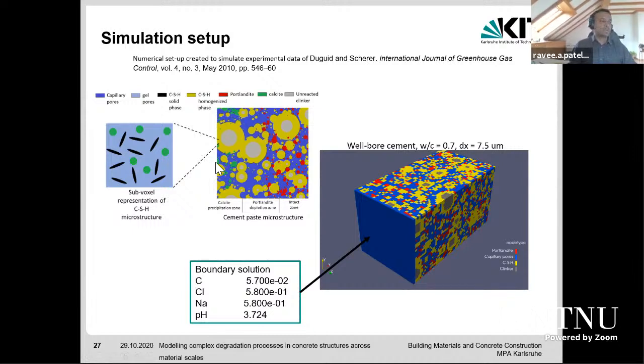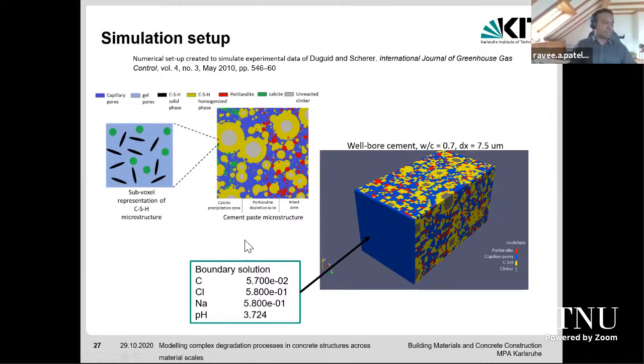We also account for this nanoscale porosity while representing the precipitation of calcite phases, because it's been shown experimentally that the calcite precipitating on the surface of cement minerals is not completely blocking the transport pathway. So we have a multi-level or two-scale representation of the process.